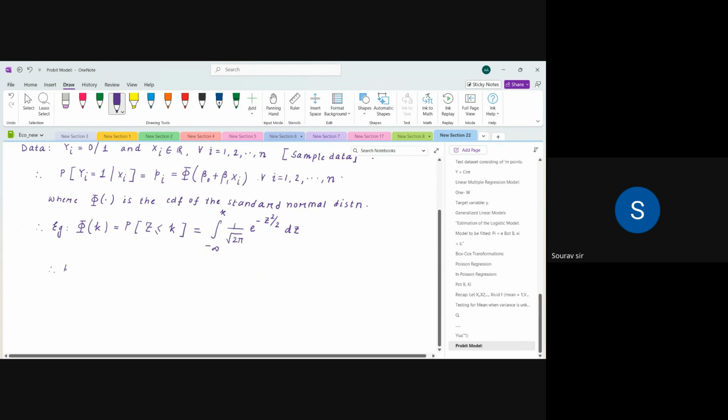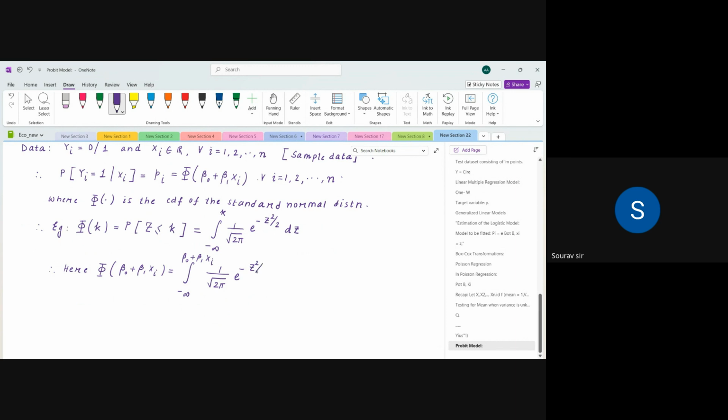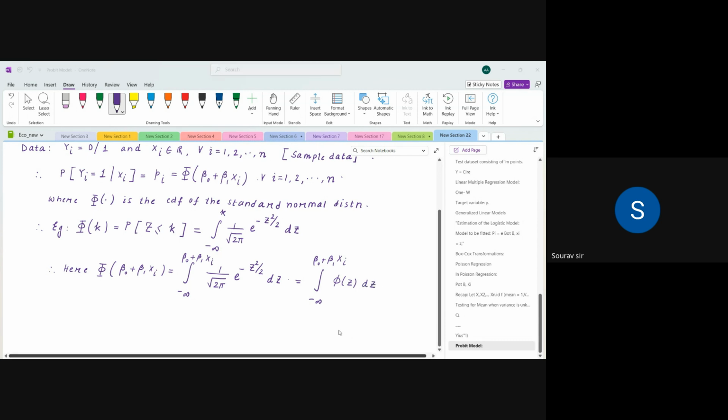So that means here what will be your cap phi of beta naught plus beta 1 xi, it will be integration from minus infinity to this value. And just one more thing, I would just like to write it over here in the beginning. The PDF of the standard normal is denoted by phi of z, right? The CDF is cap phi and the PDF is phi.